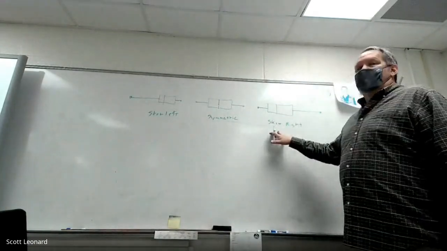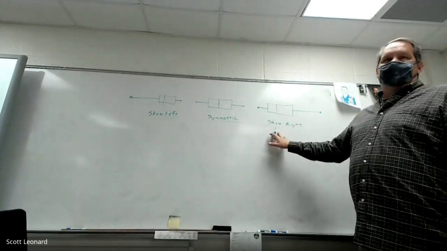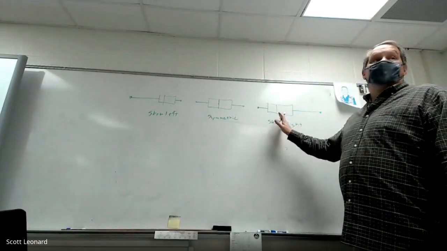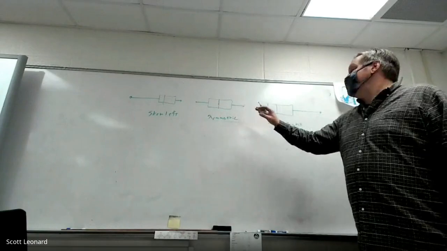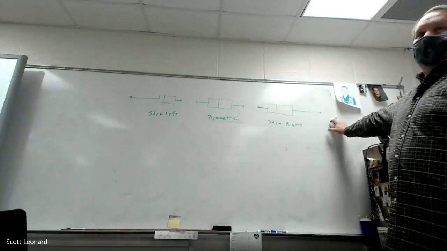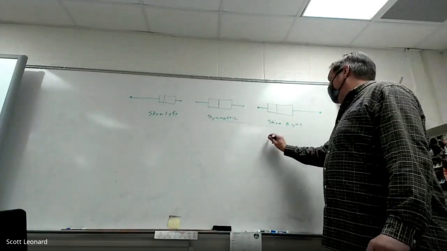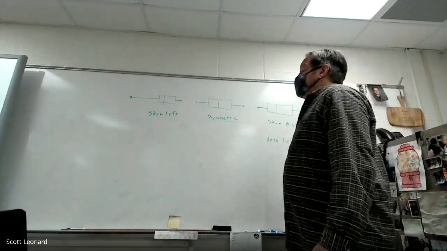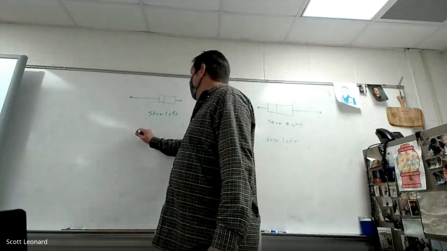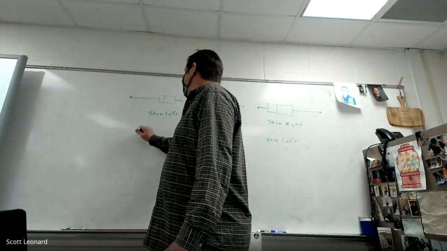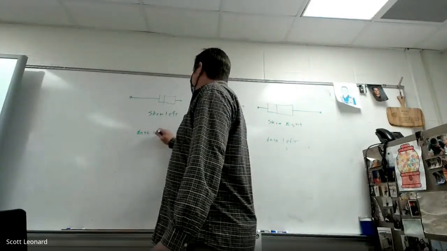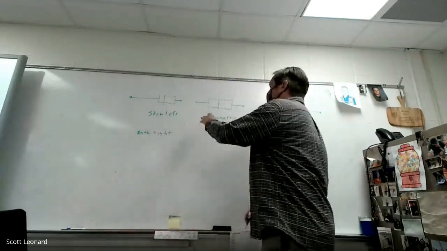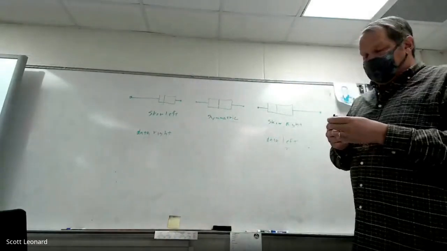For the skews right, where is the majority of the data? It's on the left. It gets very thin as it goes to the right. So most of the data is on the left, and that's in your table. For the skews left, most of the data is on the right. For symmetric, it's pretty normal. That last graph I would say is symmetric.